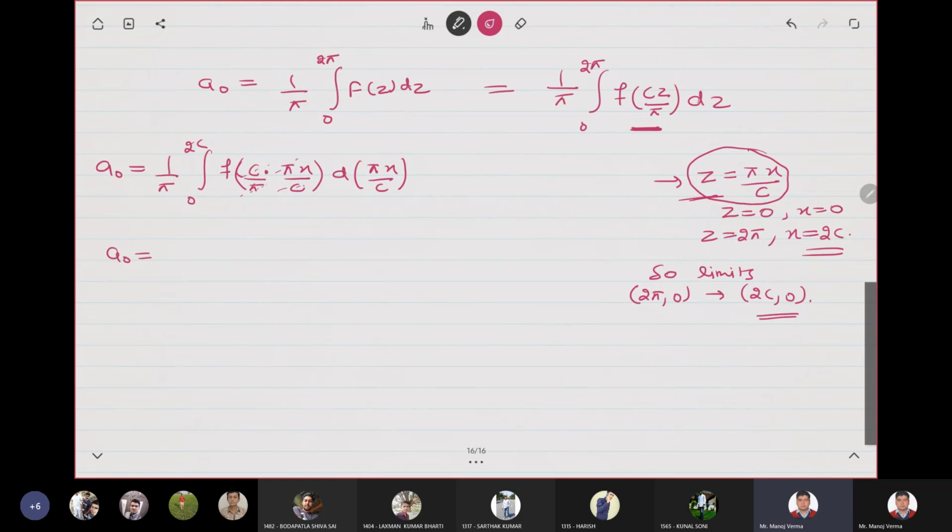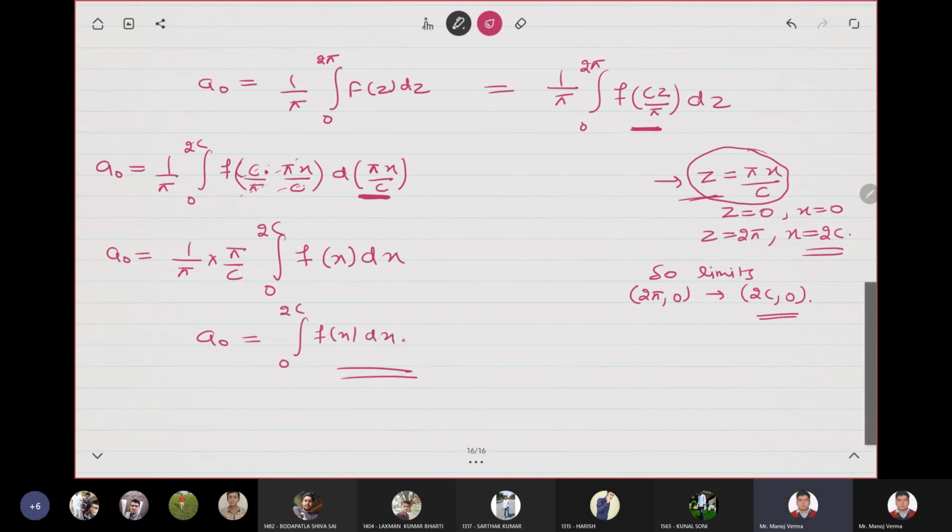A naught will become 1 over pi into pi by c, times d of pi x by c. Pi by c is constant, so I am taking this outside, and this will become the integral from 0 to 2c of f x dx. And the value of a naught will become the integral from 0 to 2c of f x dx.